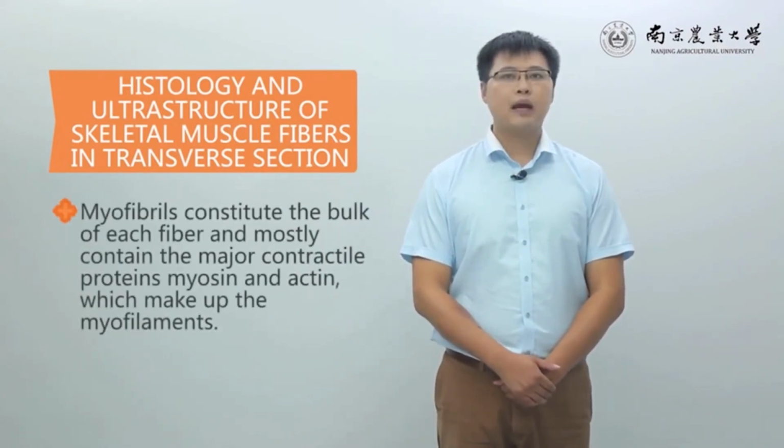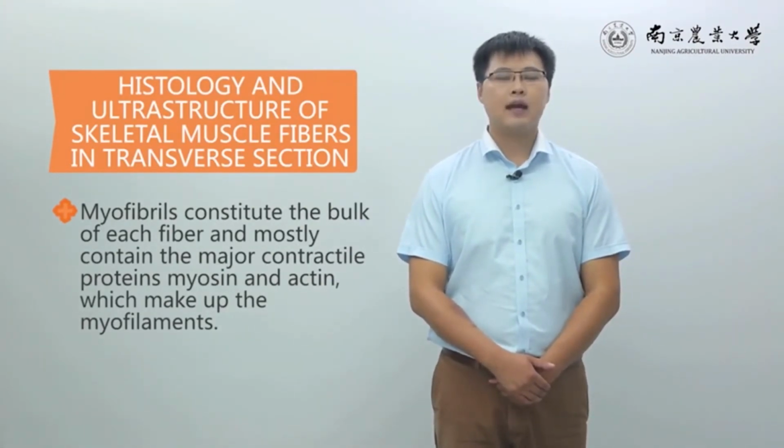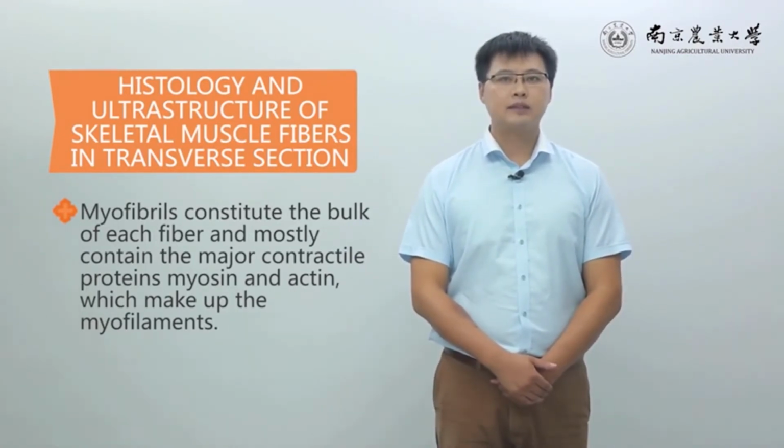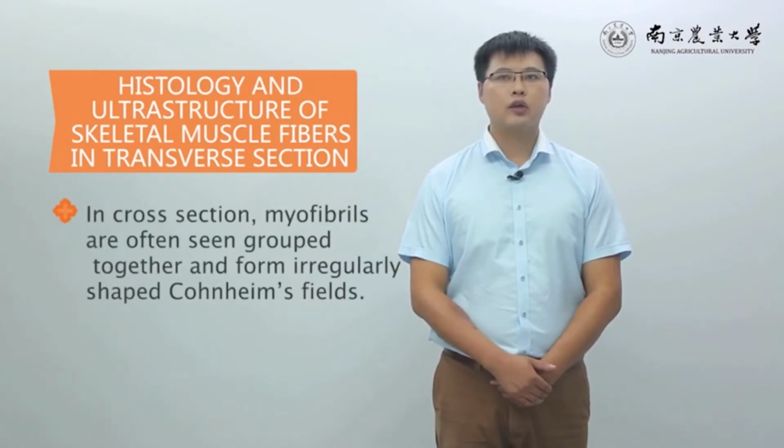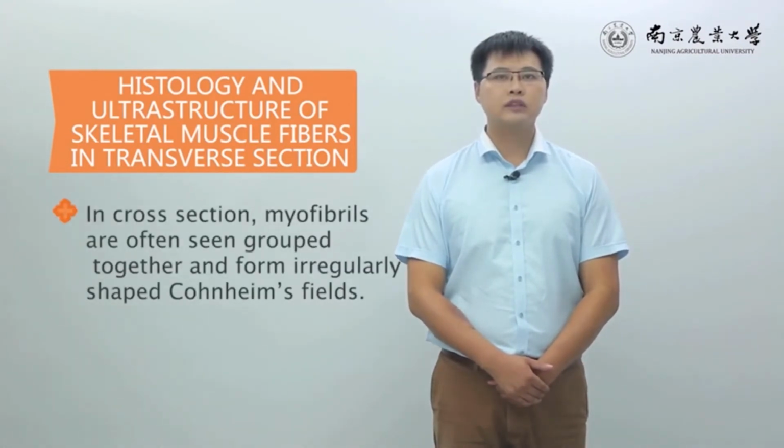Myofibrils constitute the bulk of each fiber and mostly contain the major contractile proteins, myosin and actin, which make up the myofilaments. In cross-section, myofibrils are often seen grouped together and form irregularly shaped coherent fields.